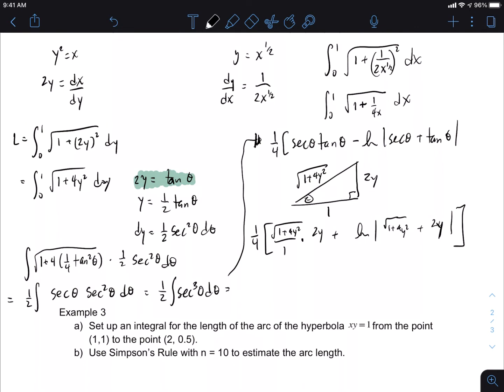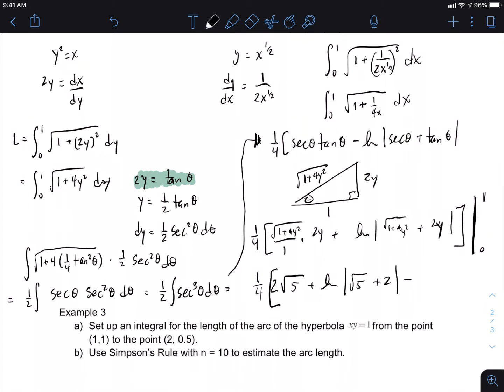So now we can evaluate, and the integral bounds were from what to what? From 0 to 1. So when we plug in 1, I'm going to get 1/4 square root of 5 times 2 plus the natural log of square root of 5 plus 2, minus, when I plug in 0, I'm going to get 0.